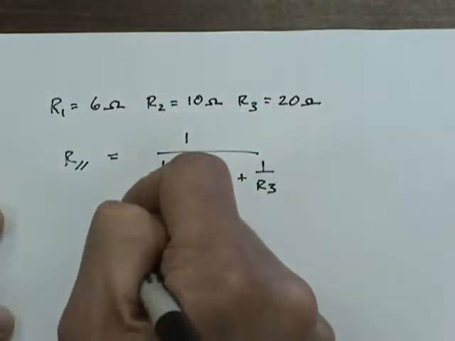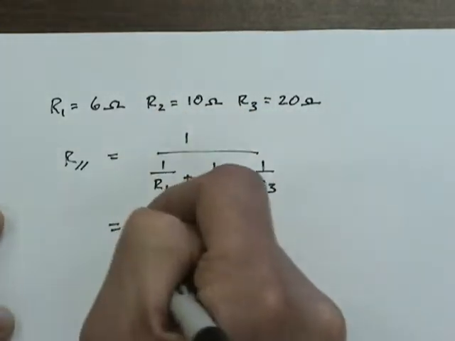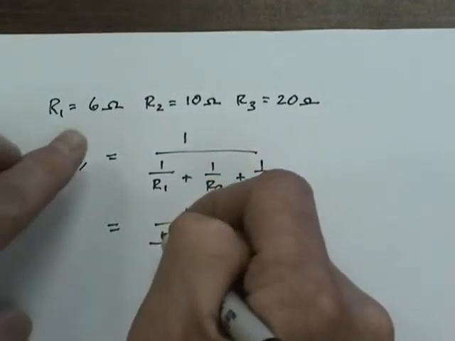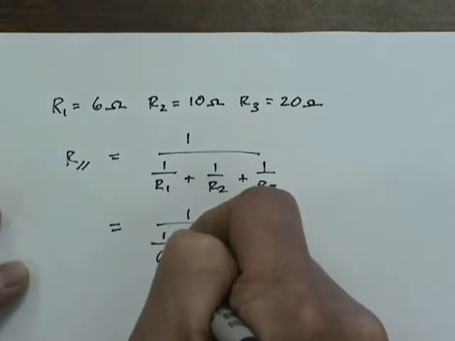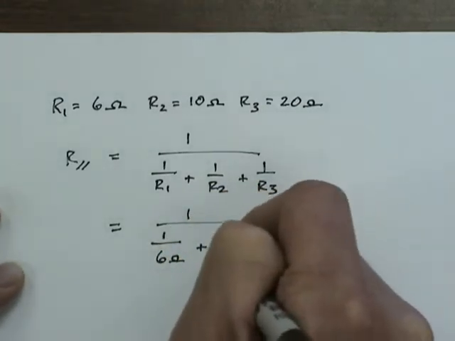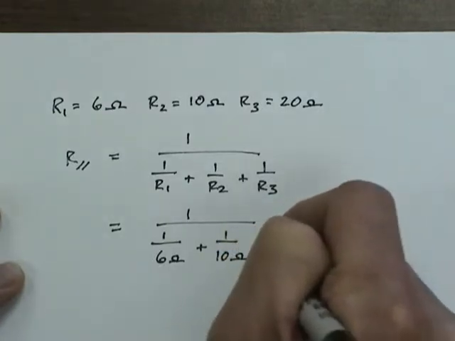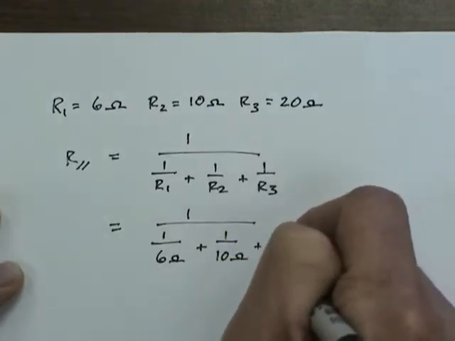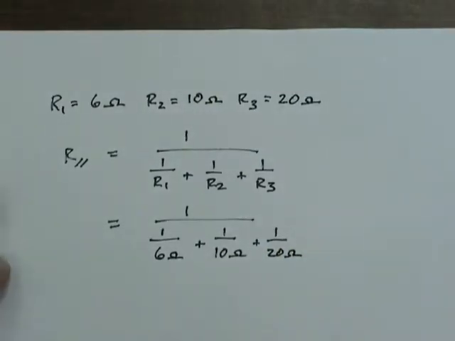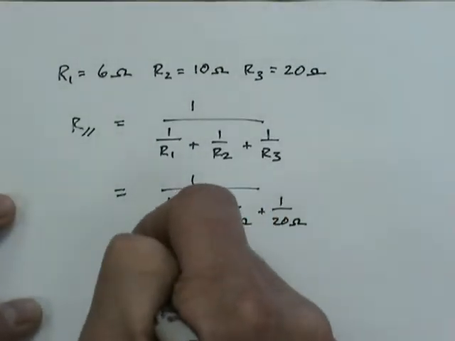That's why I'm having you write it each time. Line up those equal signs. Now we put the values in. 1 over 6 ohms, not 6K for this example, 1 over 10 ohms plus 1 over 20 ohms. Like that.